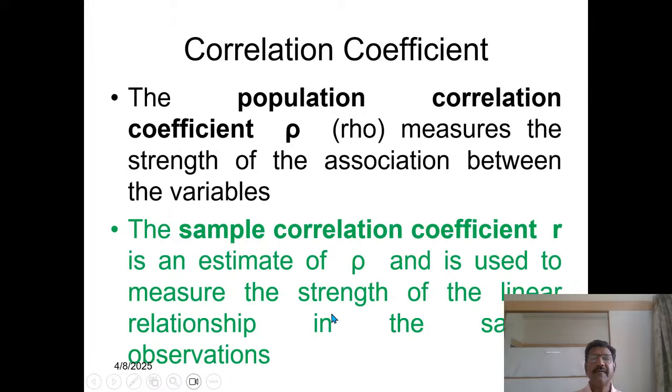Here, correlation coefficient: first we have to test whether the given data and samples are correct or not. The population correlation coefficient rho measures the strength of the association between the two variables. How much strength is there? What type of association is there? That can be calculated. Population means what?